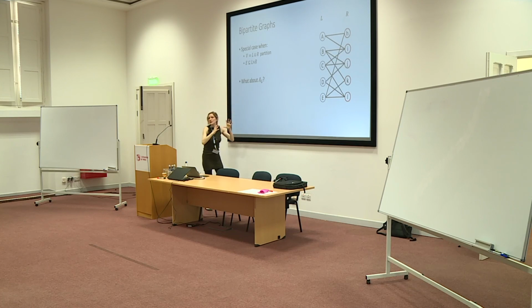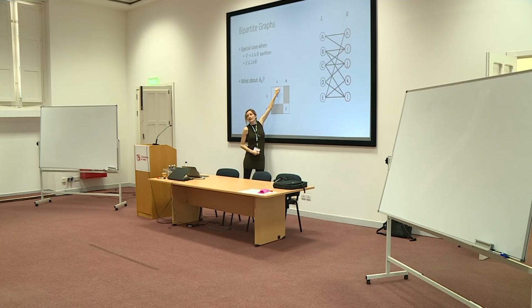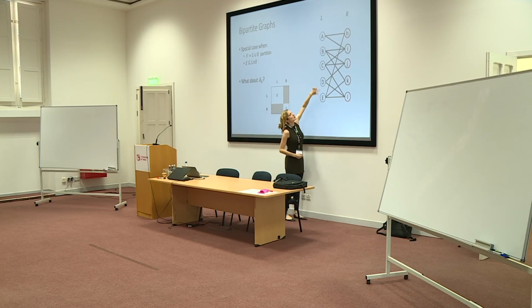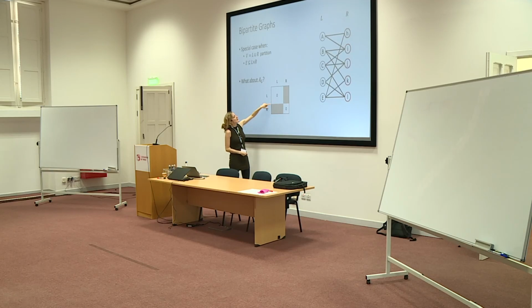Think about splitting that into the L part and the R part. And now I've got these 4 chunks. I've got the L part, and exactly because this is bipartite, I know I don't have any edges going between L vertices. So what that means is that in this entire region here, I only have zeros.